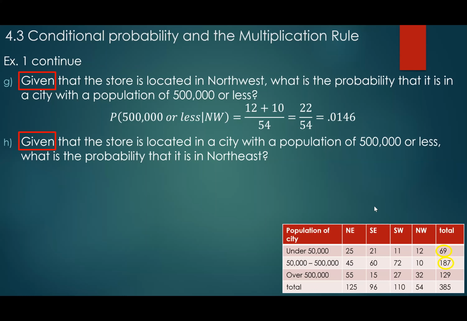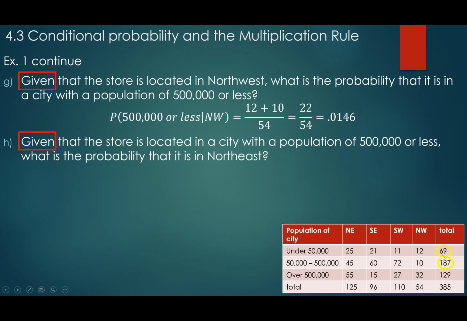It's not just the 187, it's not the 69 by itself, it's the 69 plus the 187, that's your new denominator. Those are the two items that fit the description of 500,000 or less. And now what is my numerator?